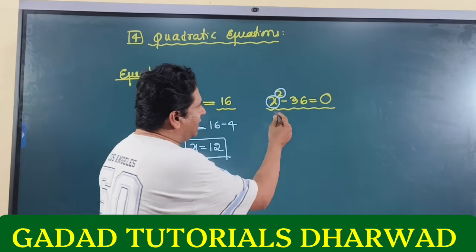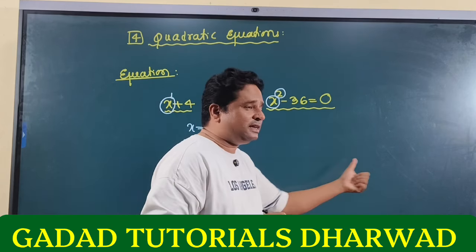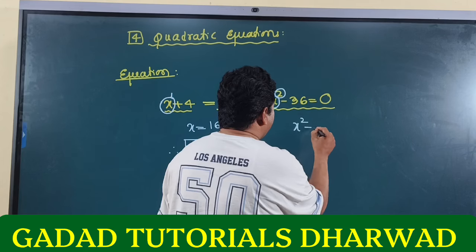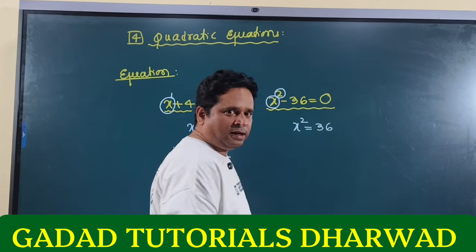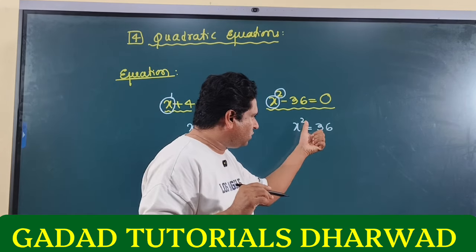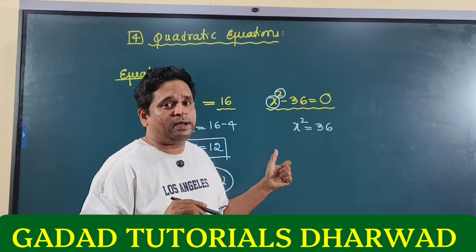And here, I will solve x square minus 36 equal to 0. Minus 36 I will take to RHS, then it becomes x square is equal to 36. While solving any quadratic equation, to remove the square, you put the number into the square root and take a plus or minus sign.